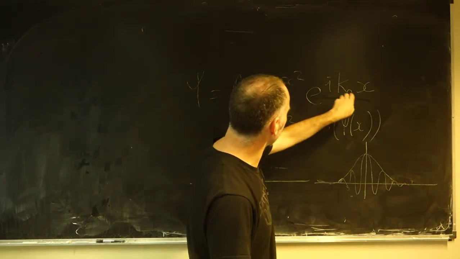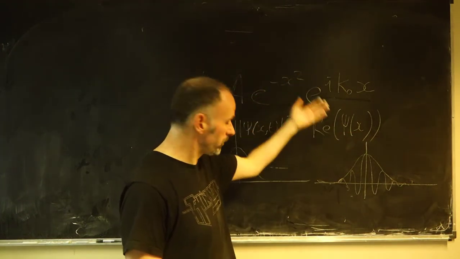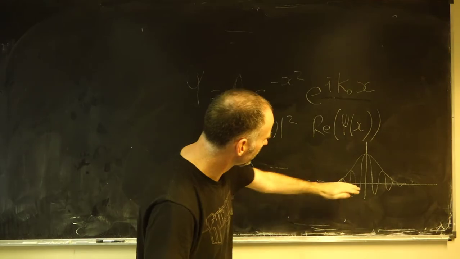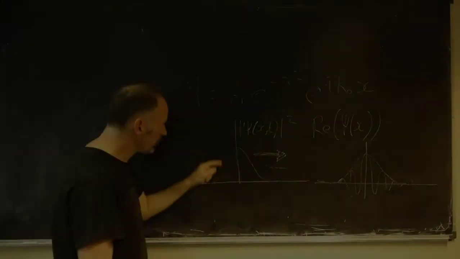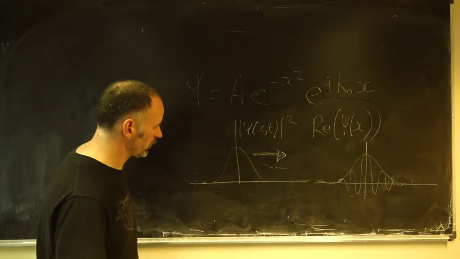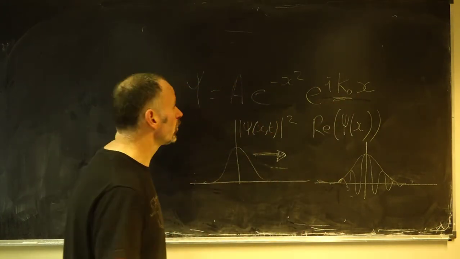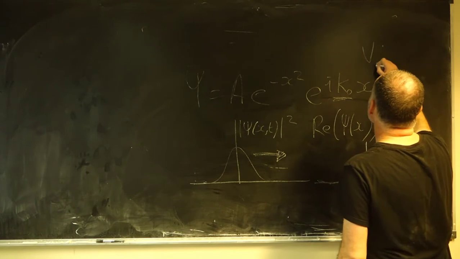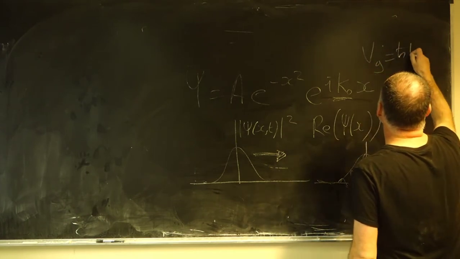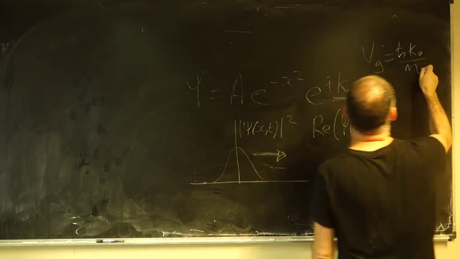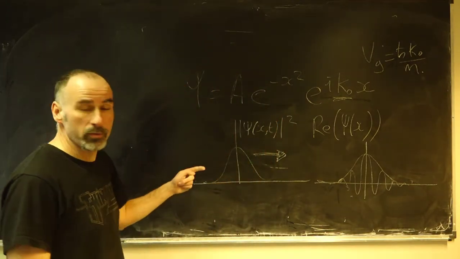And then this is giving us our plane wave, which is going to be cos k0x plus i sin k0x. So this thing will travel with its group velocity, which is defined by this wave vector, and is going to be Vg equals h bar k0 over m. What do I mean by the group velocity?